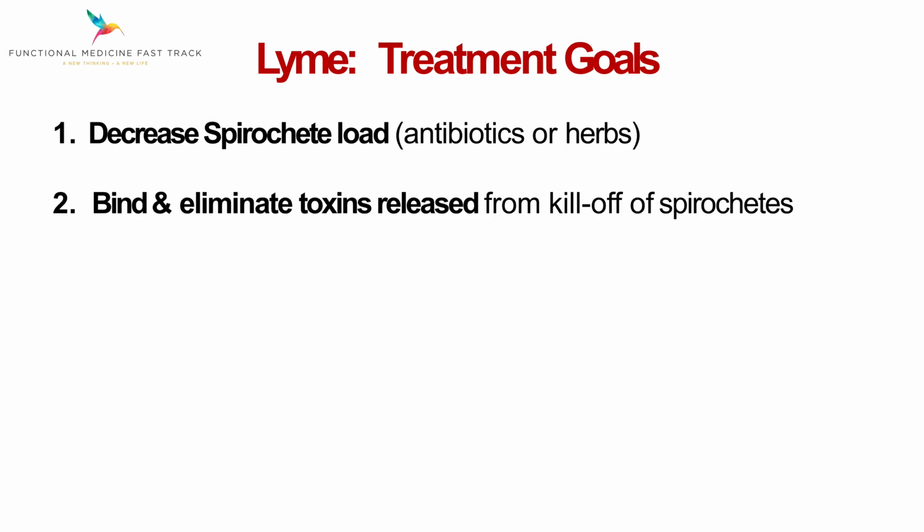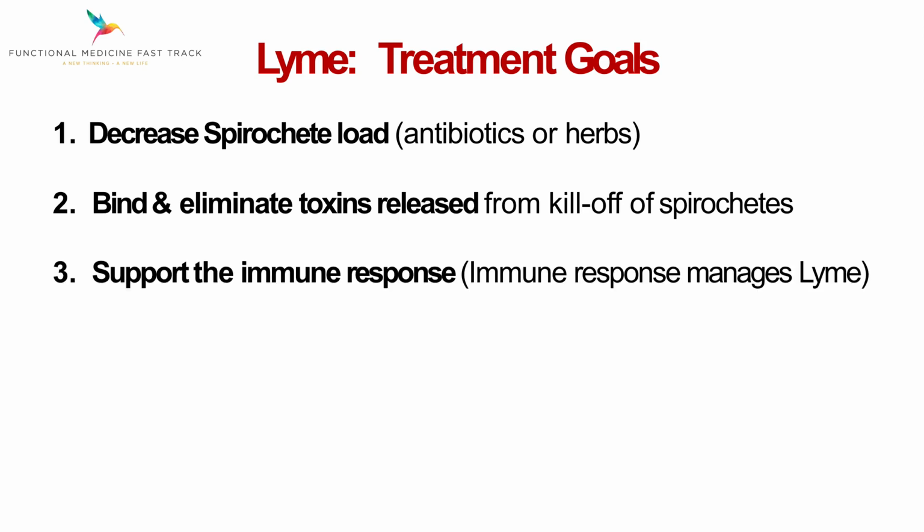The second step is, what are we going to do to bind and eliminate all the toxins that are released from killing off all the spirochetes, killing off all the other co-infections, remembering that was the number one reason for Lyme patients not getting better. And we need to be able to kill off everything at the same time, because the spirochetes have allowed for this co-living area of all these different bacteria and viruses.